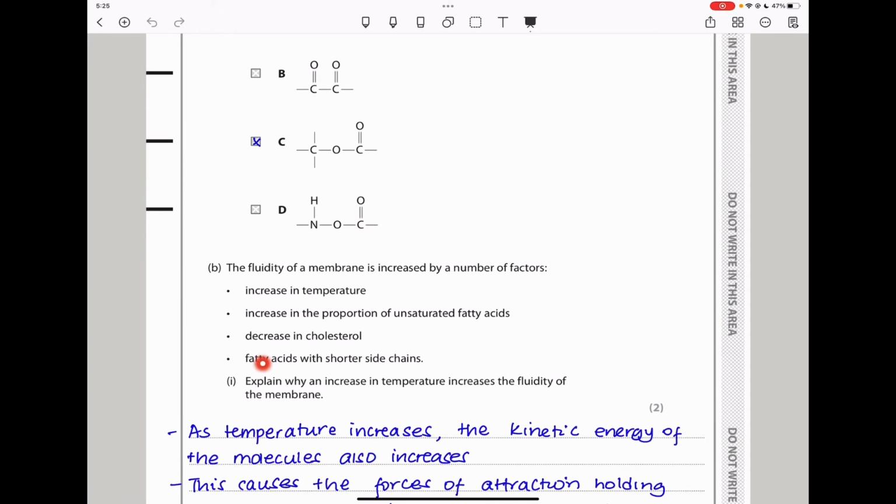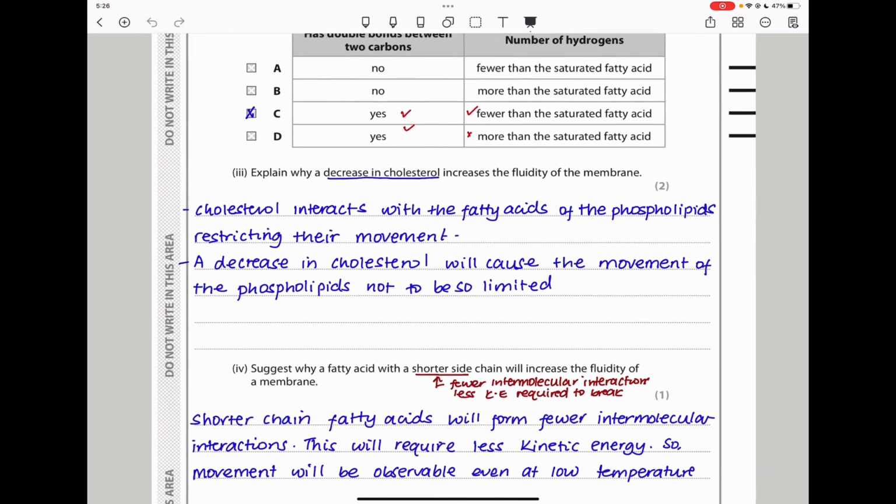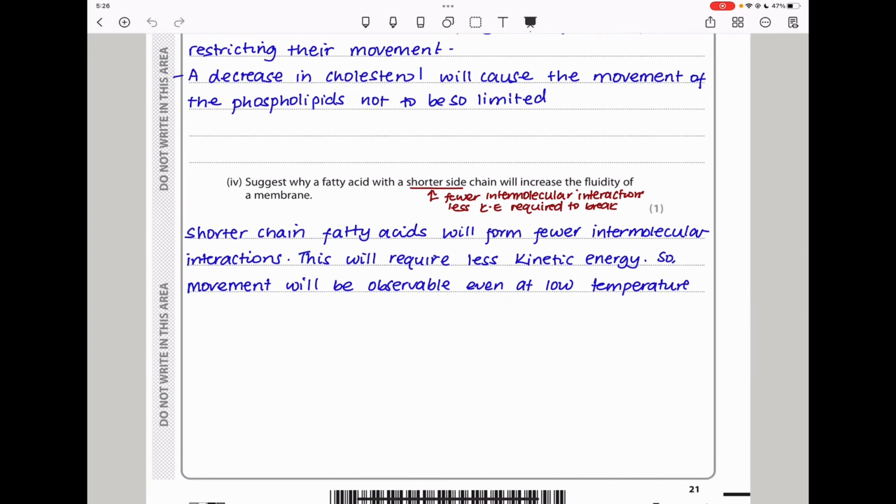Remember they said fatty acids with shorter side chains. Why is it that that is going to cause more fluidity of the membrane? One thing we need to know is that if these shorter side chains are going to have fewer areas of contact. The areas of contact between the side chains and other molecules are going to be fewer if it's shorter, and therefore there will be less intermolecular attractions or forces of attraction between them.